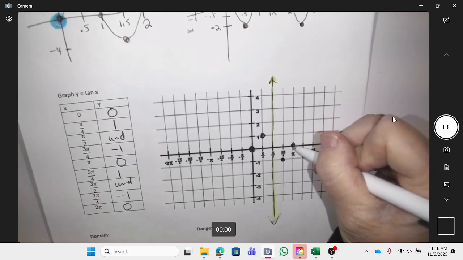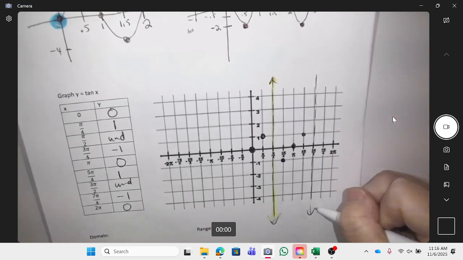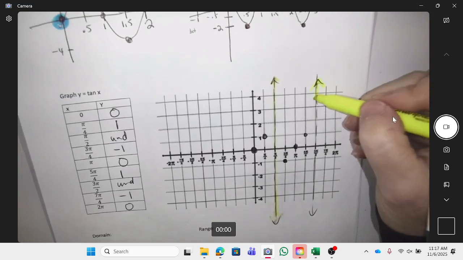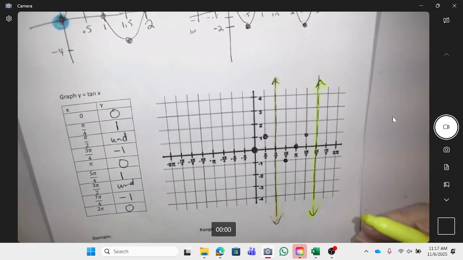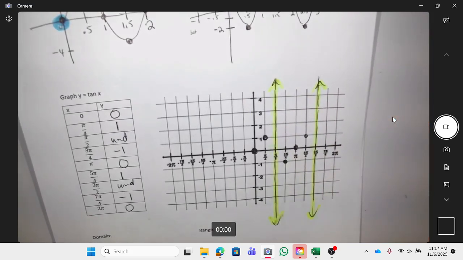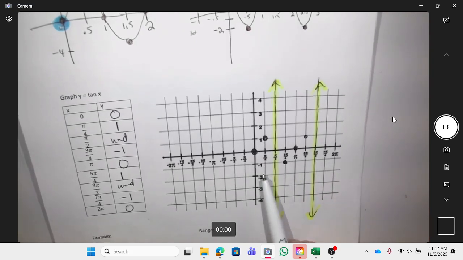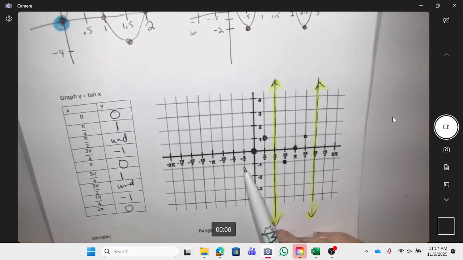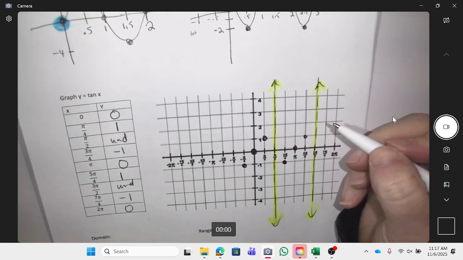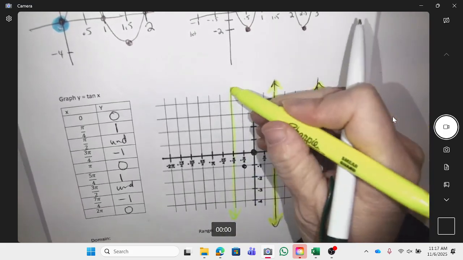I'm at 0, 1, asymptote. Can you backtrack me? What's this coordinate going to be? -1. And then I'm at another asymptote.